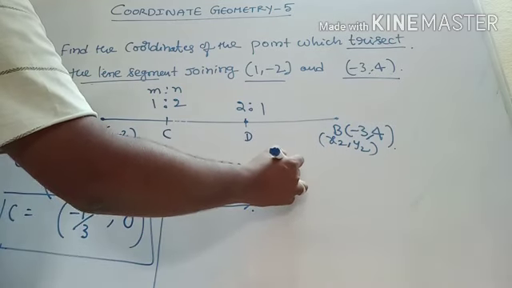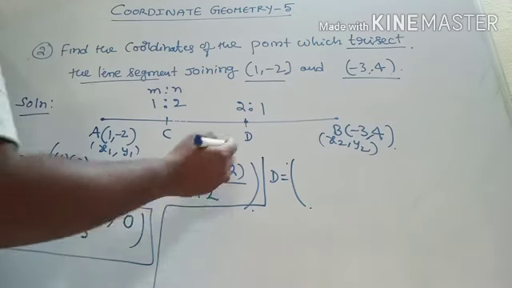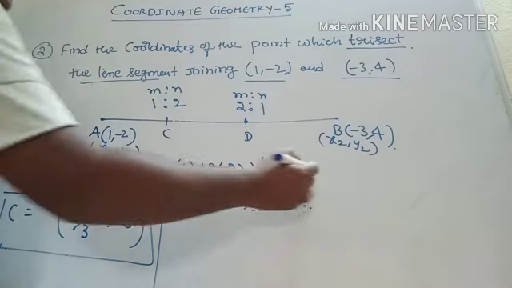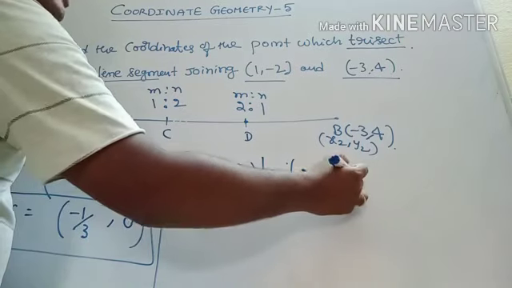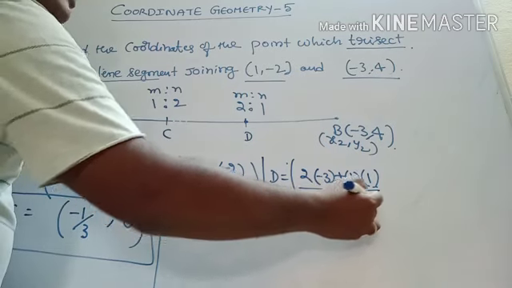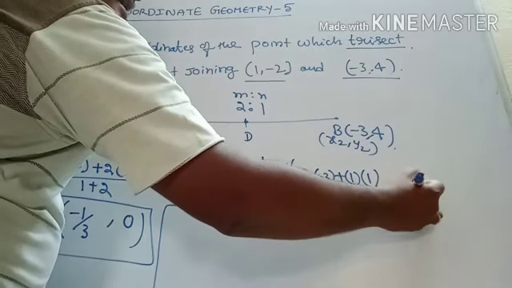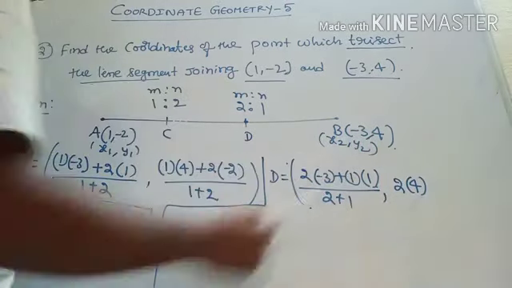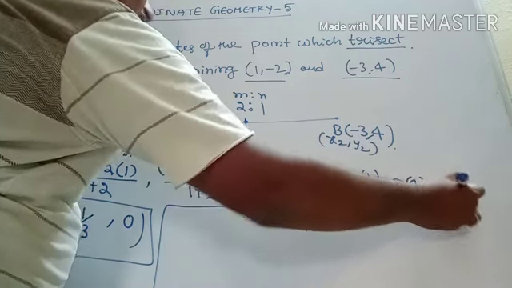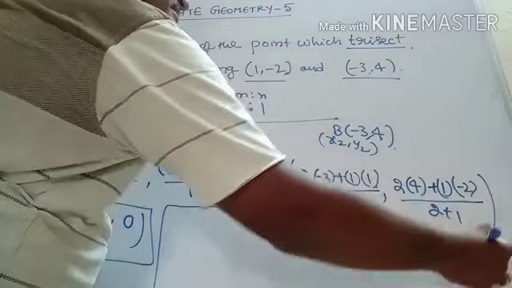D is equal to mx2 plus nx1 by m plus n, where m is 2 here for D, and m:n is 2:1. So m into x2 plus n into x1, 1 into x1 is 1, divided by 2 plus 1, comma, my2 plus ny1: m is 2, y2 is 4, plus 1 into y1, y1 is -2, divided by 2 plus 1.